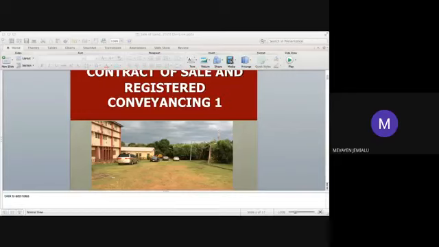Then the property, the description and address, is it vacant land, is it developed, the boundaries of the property, the nature of the interest, the nature of documents of title, the vendor's asking price, have there been legal disputes in respect of that property?